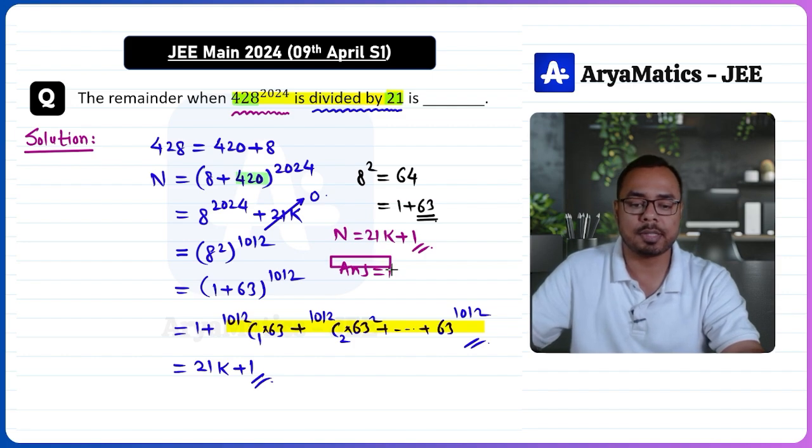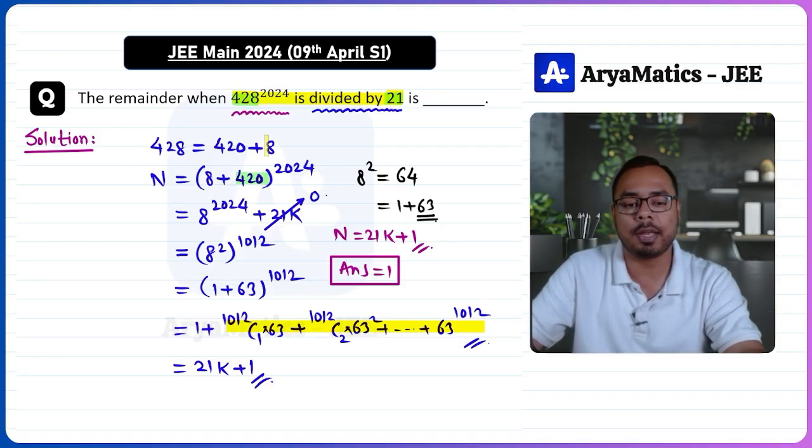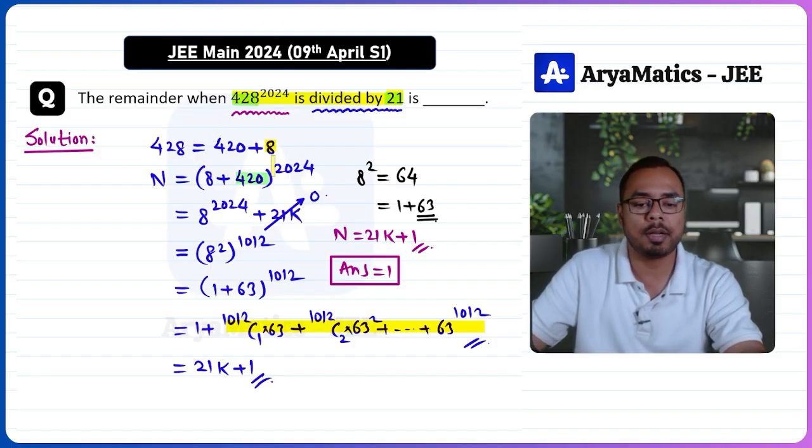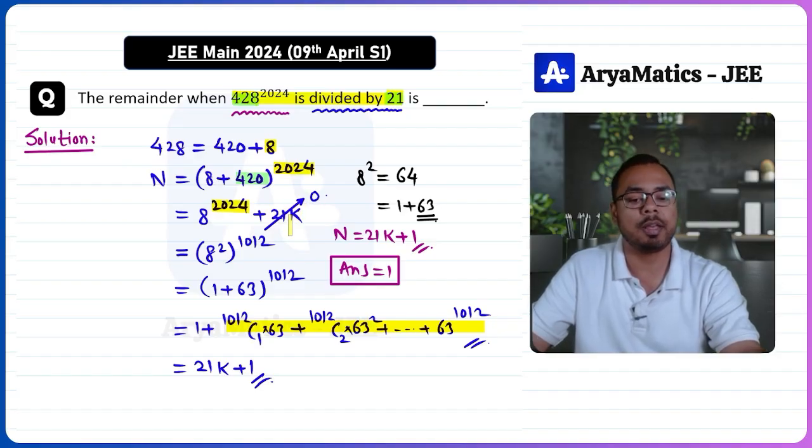So in this problem, the first step was to reduce the base 428. For that, divide 428 by 21, and you will get 8 as the remainder. So we can write this number as 8 plus 420, raised to 2024. Expand it using the binomial theorem. Only the first term is not a multiple of 21. All the other terms are multiples of 21.